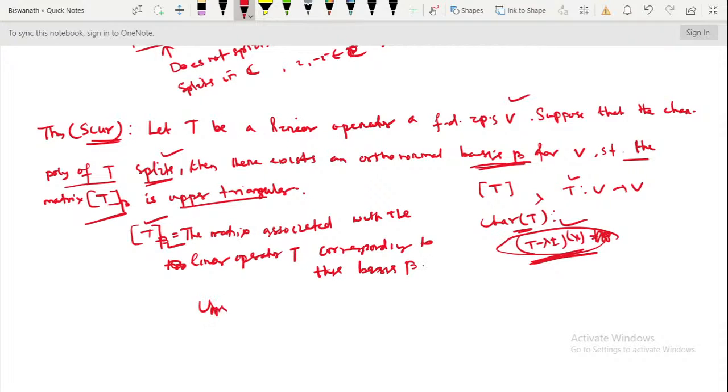You know what is upper triangular? An upper triangular matrix is a matrix whose elements below the diagonal are 0. Suppose this is a 3 cross 3 matrix, and these are the main diagonal elements.